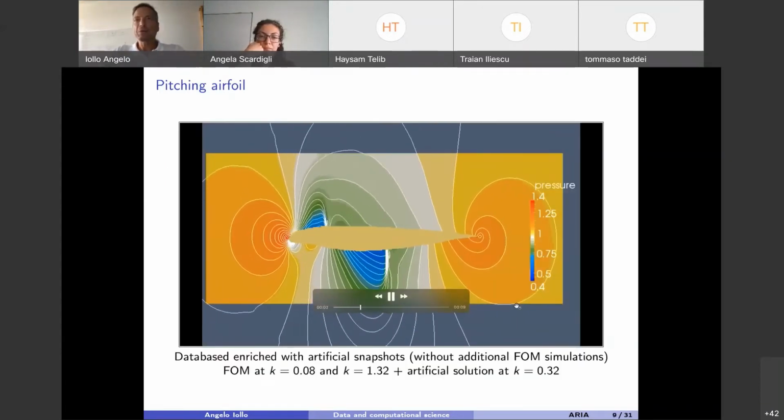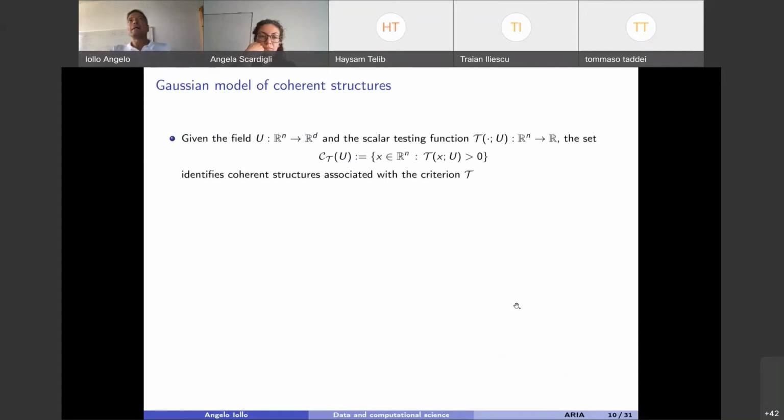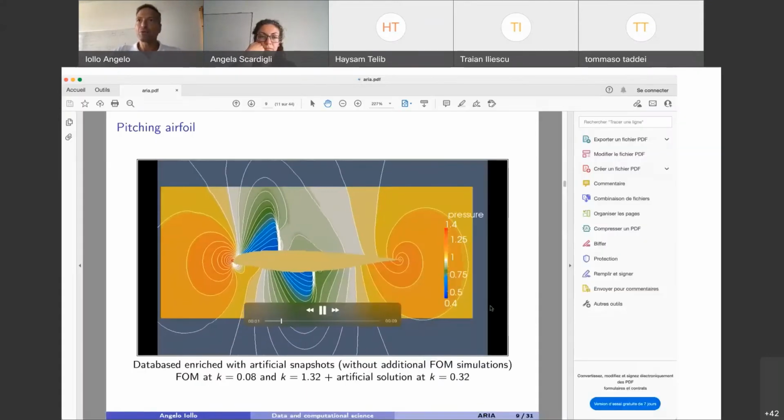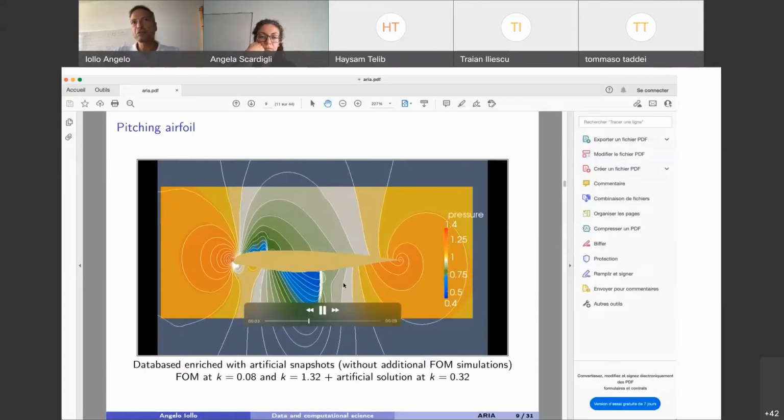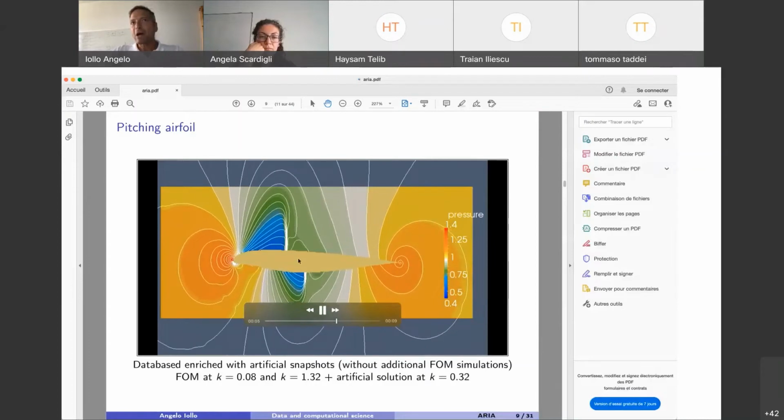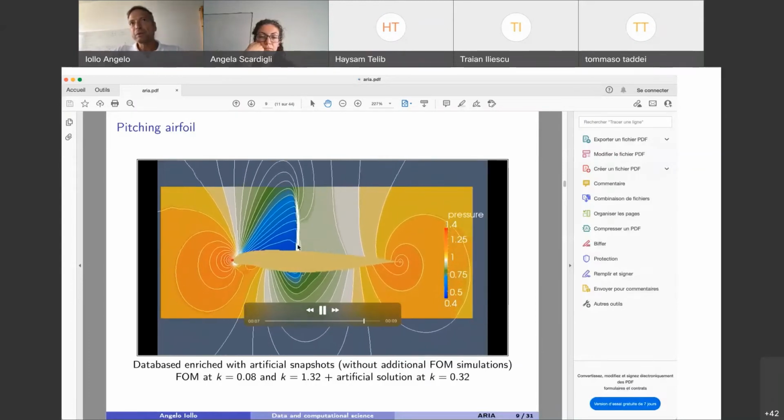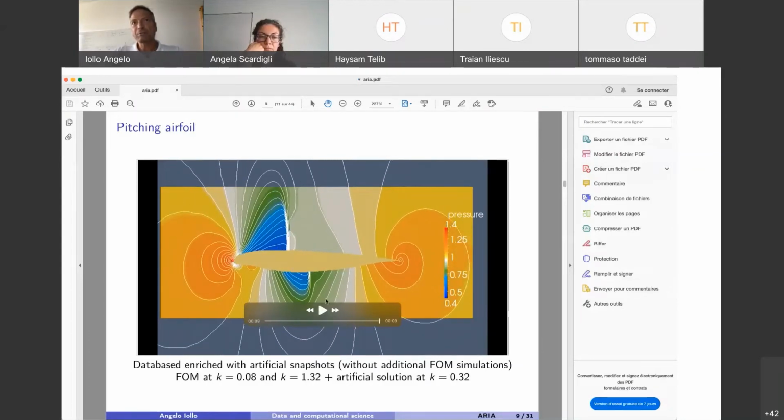To do that, we resort to a Gaussian model of coherent structures. Okay, so the idea is, let's go back for a minute to this oscillation here. Our objective here is to follow this coherent structure, which is represented by the shock.